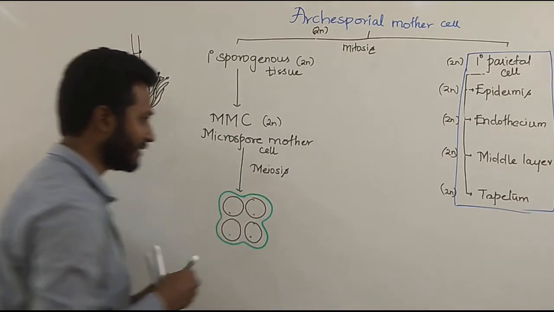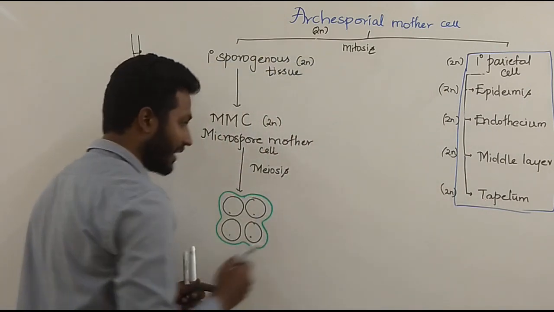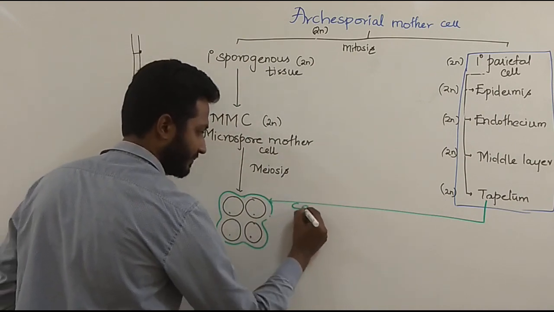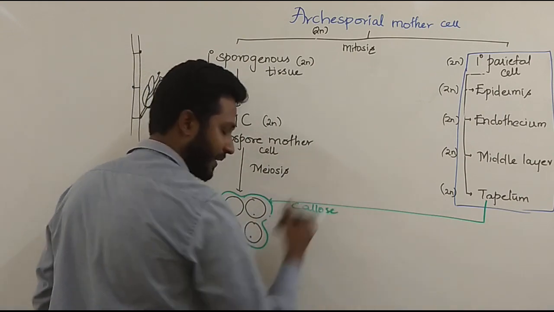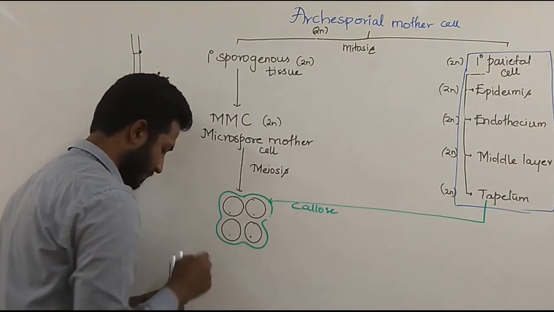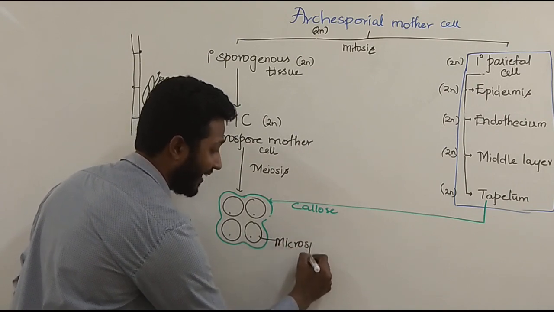Yes, you guessed it right. It is tapetum, which is going to produce a carbohydrate called callose. All the 4 cells are known as microspores. Why?